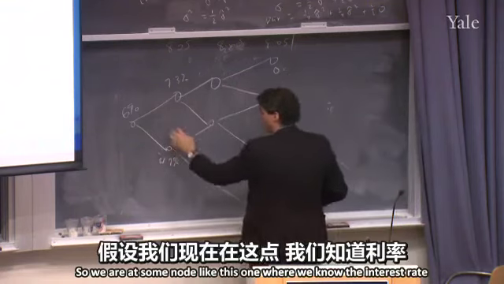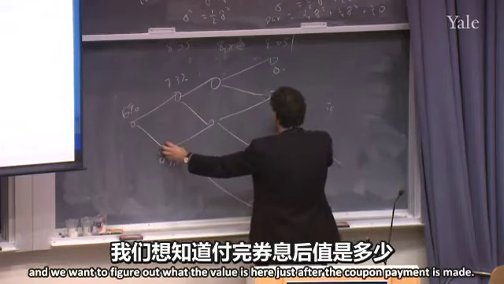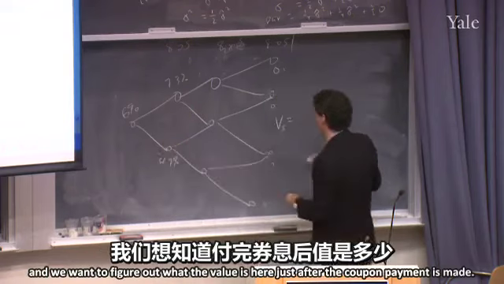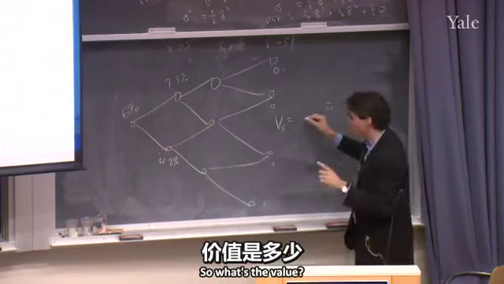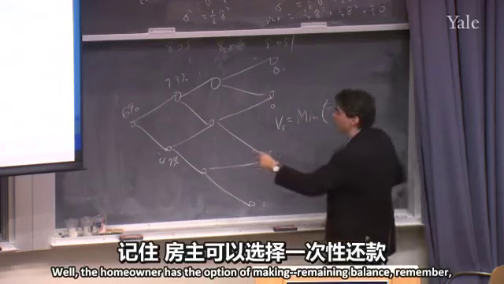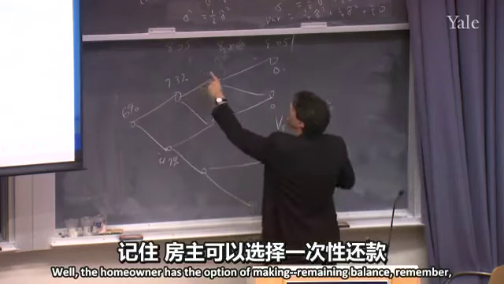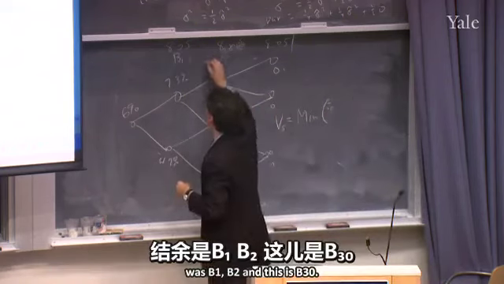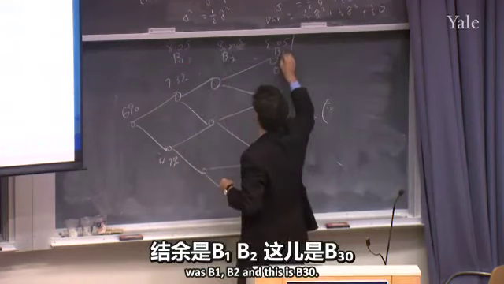So we're at some node like this one where we know the interest rate and we want to figure out what the value is here just after the coupon payment's made. So what's the value? Well, the homeowner has the option of making the remaining balance, remember, was B1, B2, and this is B30.